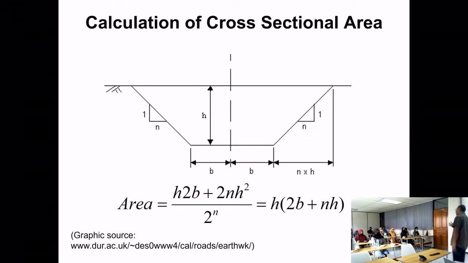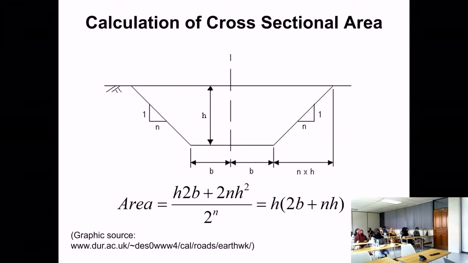So from here, the fill slope is milder, it goes further away than cut. 1 to 2. This is the slope. So that's what the n is. When you need to do calculation, that's what you need to identify. That's how you know what n is.